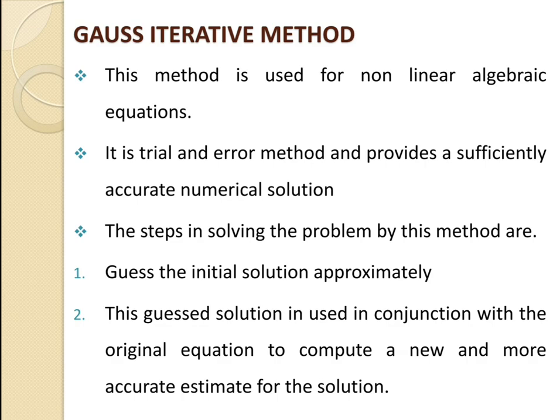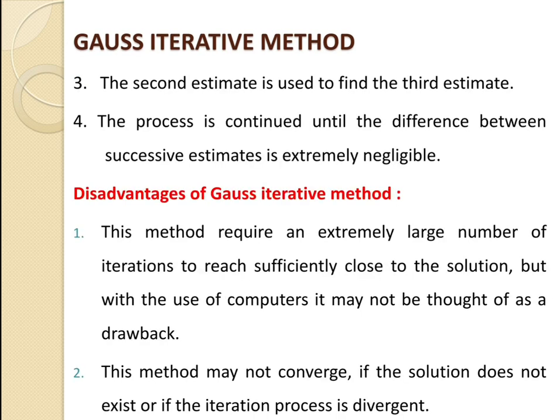There are some steps which can be used to find out the problem with the help of the Gauss iterative method. First one, guess the initial solution approximately, then use the guess solution in conjunction with the original equation to compute a new and more accurate estimate for the solution.